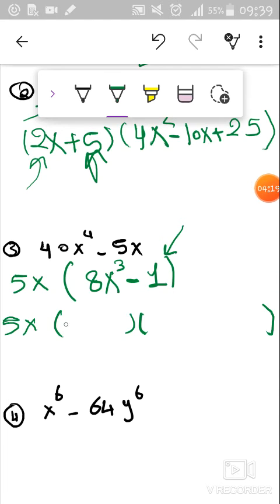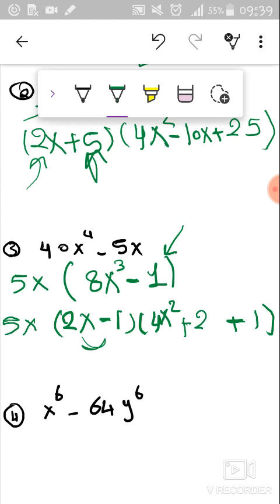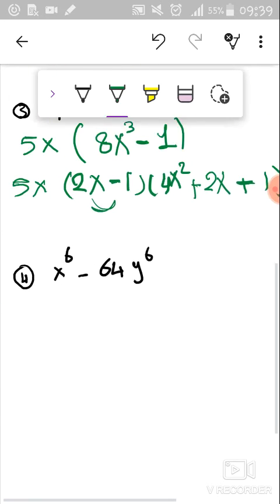The small one is going to be 2x minus 1. 2x is the cubic root of 8x to the power 3, and 1 is the cubic root of 1. For the big one, I square the first term, so it will be 4x squared. The last one will be positive 1, and the middle is the product with the sign changed, so it will be positive 2x.